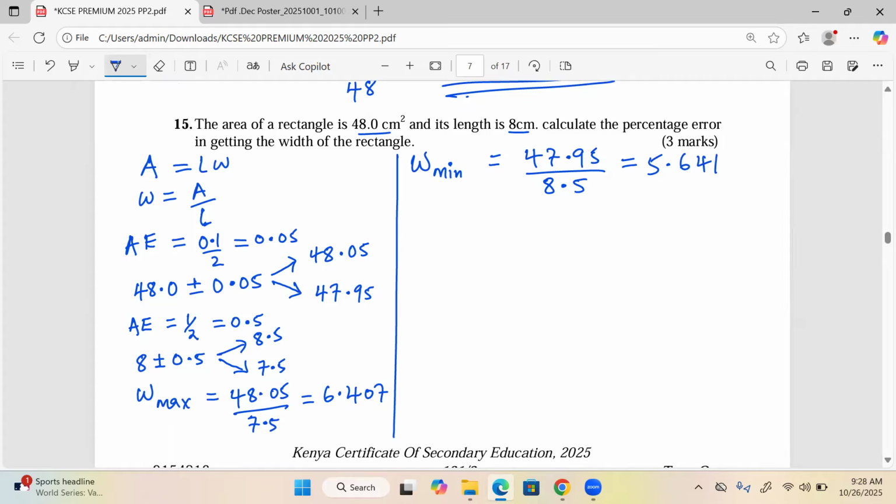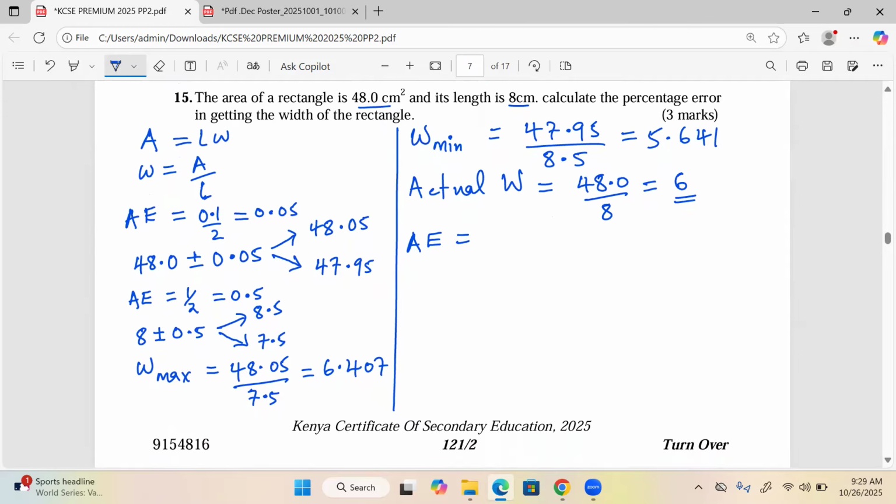Then we can now talk about the actual width. Actual width will be given by area out of length as they were captured. We get exactly 6. Now with this, we need to get percentage error. For us to get percentage error, we need to talk about absolute error in the computation.